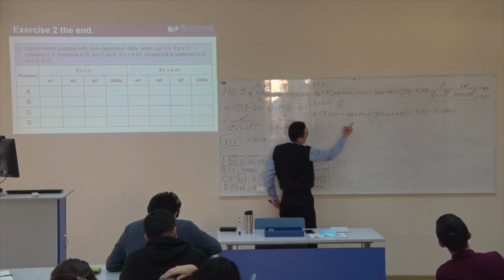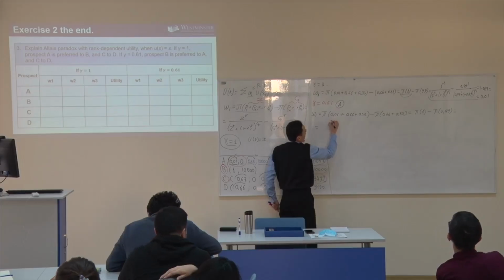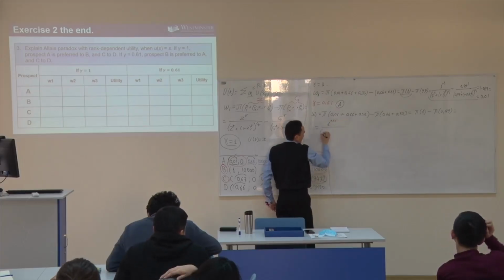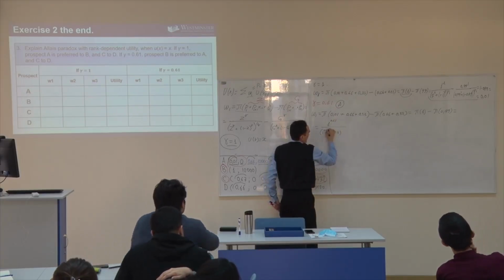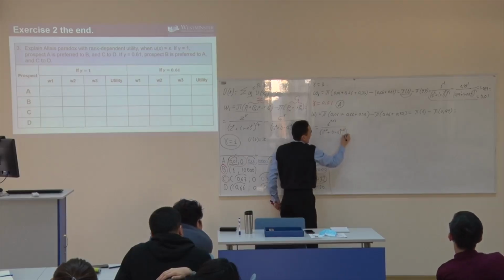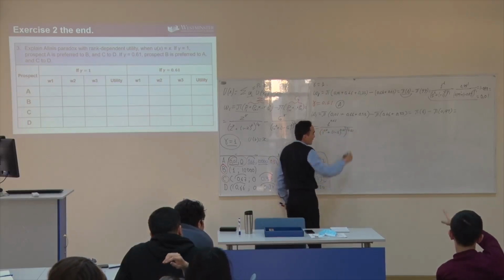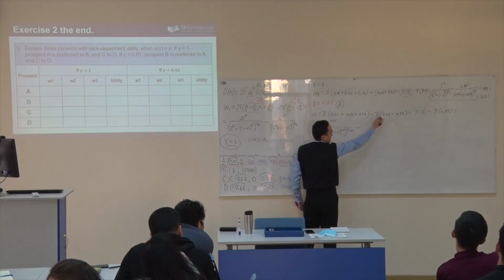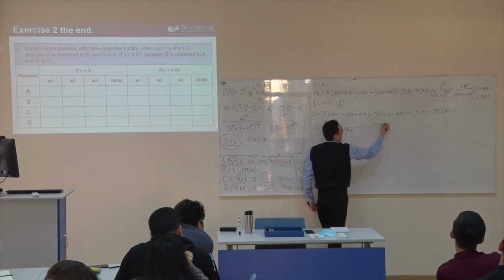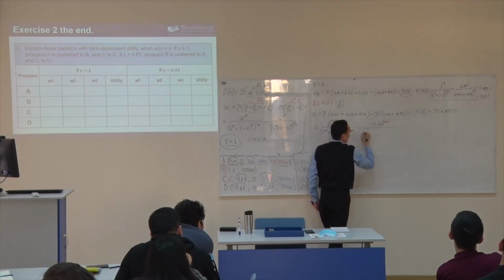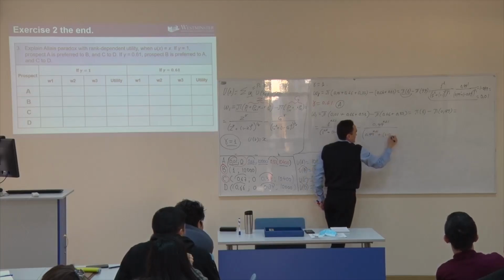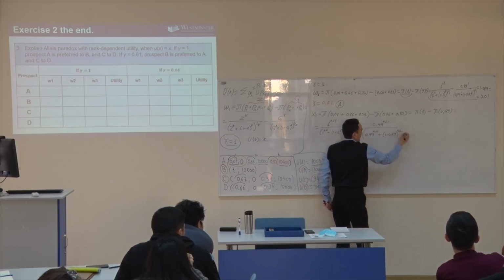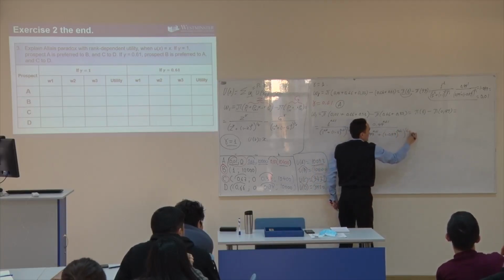And now here we will write: 1 in the power of 0.61 over 1 in the power of 0.61 plus 1 minus 1 in the power of 0.61, everything in the power of 1 over 0.61, minus 0.99 in the power of 0.61 over 0.99 in the power of 0.61 plus 1 minus 0.99 in the power of 0.61, in the power of 1 over 0.61.